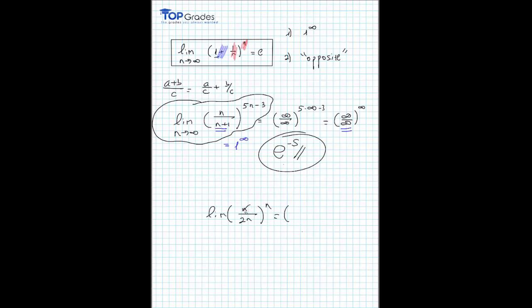This equals half in the power of infinity. And if we take a fraction smaller than 1 but bigger than 0, it will always be 0. So make sure not to make this common mistake. Always make sure that the expression inside the brackets equals 1. If it's not Euler, it's something else.